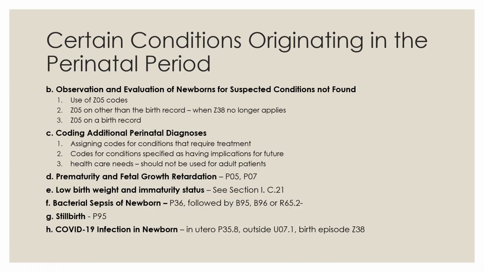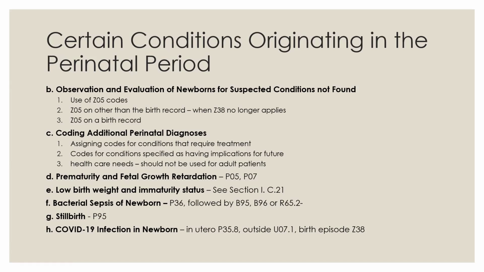For low birth weight and immaturity status, codes from category P07 for disorders of newborn related to short gestation and low birth weight, not elsewhere classified, are for use for a child or adult who was premature or had a low birth weight as a newborn, and this is affecting the patient's current health status. For more information on this, see section 1C21 for factors influencing health status and contact with health services status.